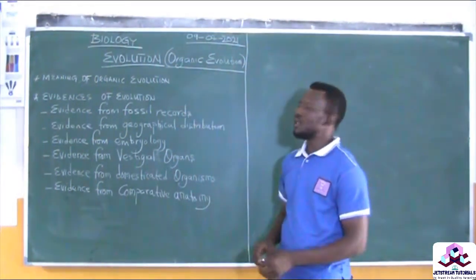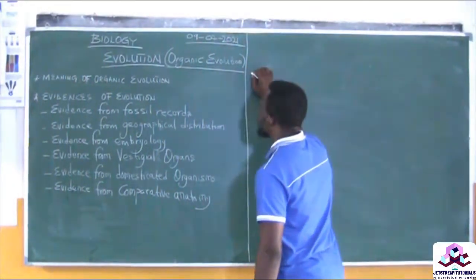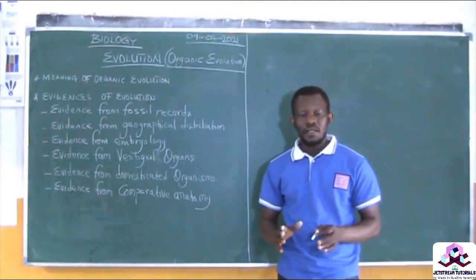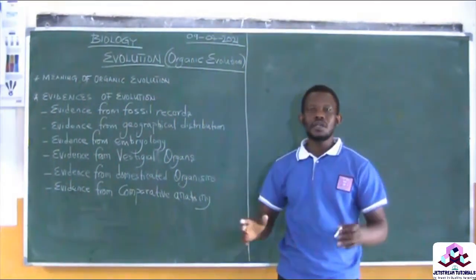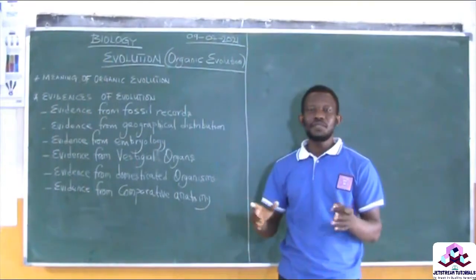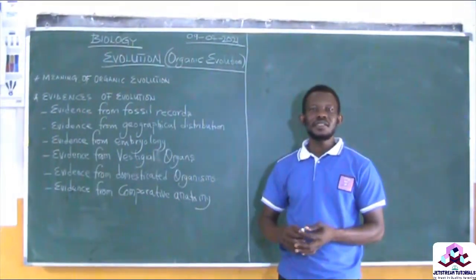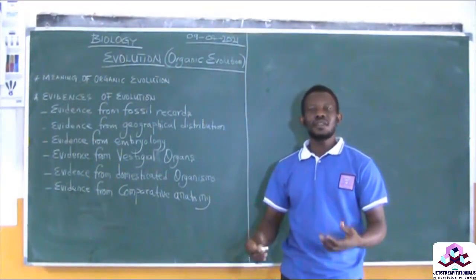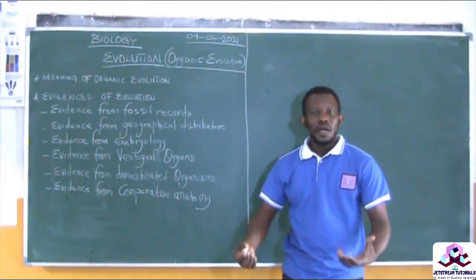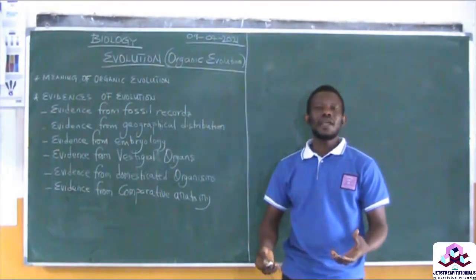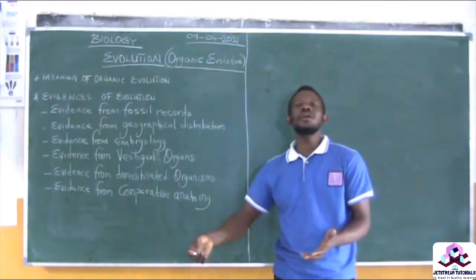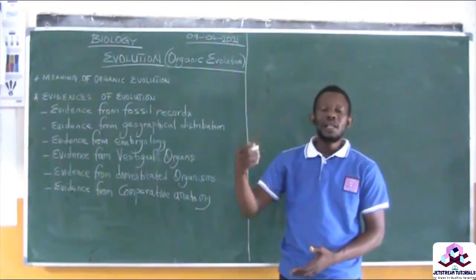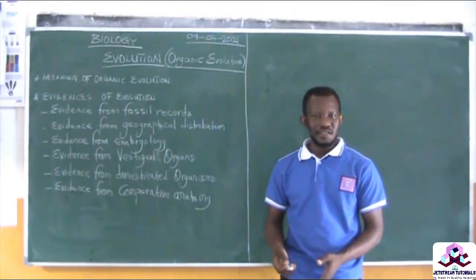Organic evolution simply means the sum total, the overall summation of the adaptive features, characteristics, attributes, or traits that living things have acquired over a period of long years, ranging up to millions of years.